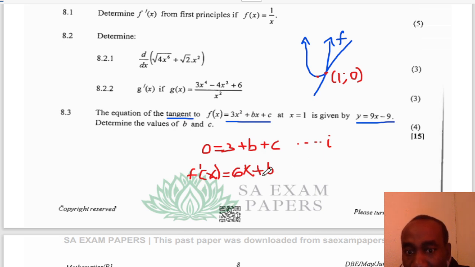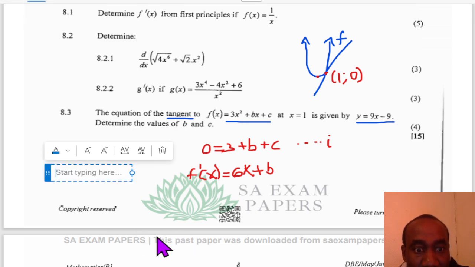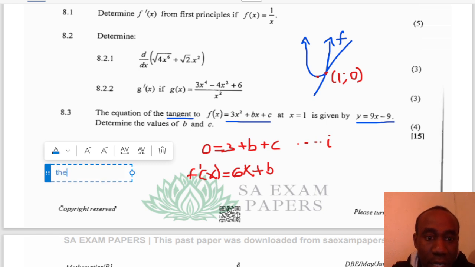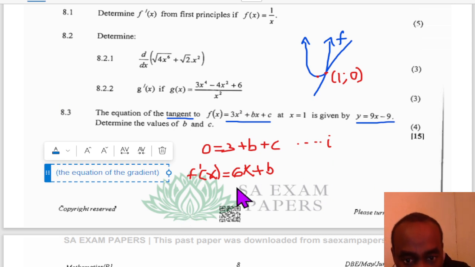Remember, this first derivative represents the equation of the gradient.